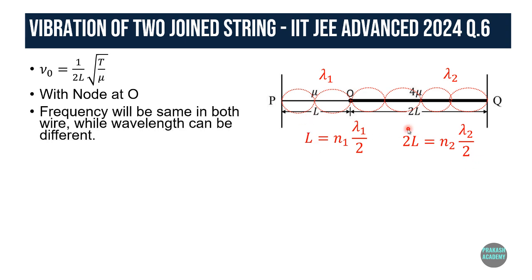So you see, in such cases frequency will be the same in both the wires while wavelength can be different. The frequency is the same, but here I have a wavelength of lambda 1 and here I have a wavelength of lambda 2. Now let us analyze wire 1.